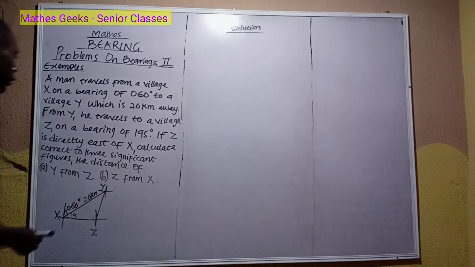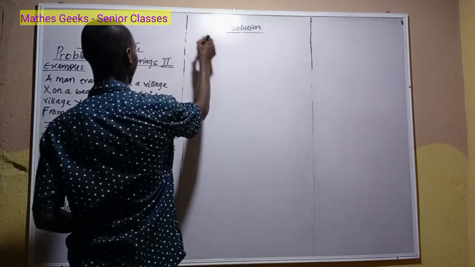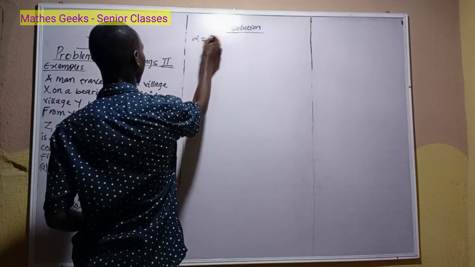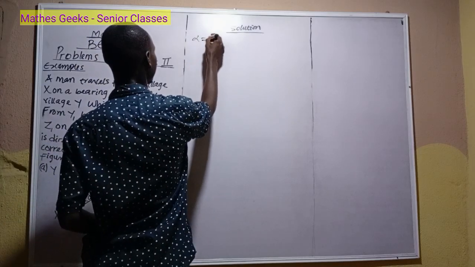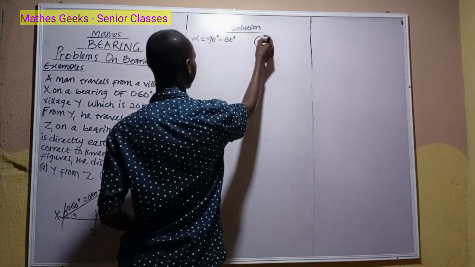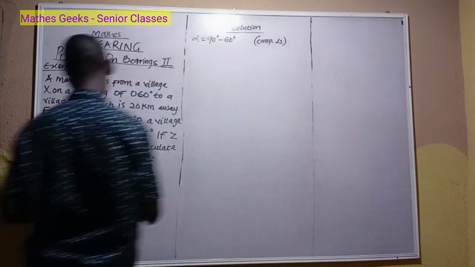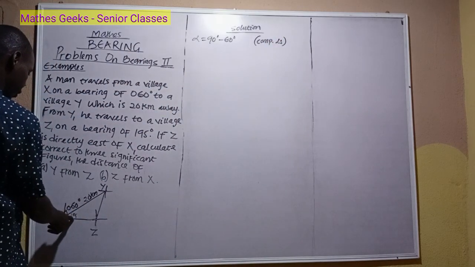So let's analyze solution A. Alpha is equal to 90 degrees minus 60 degrees. What's the reason? Complementary angles, because from here to here is 90 degrees.